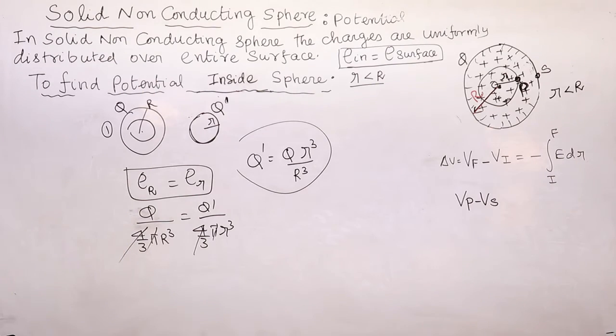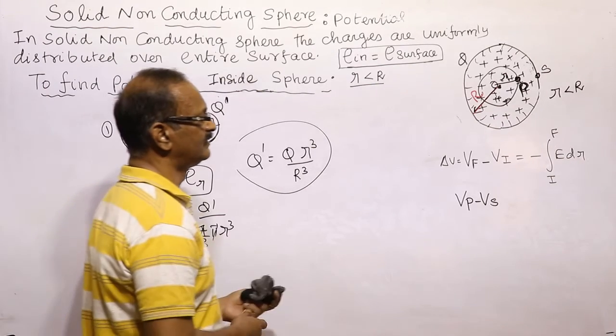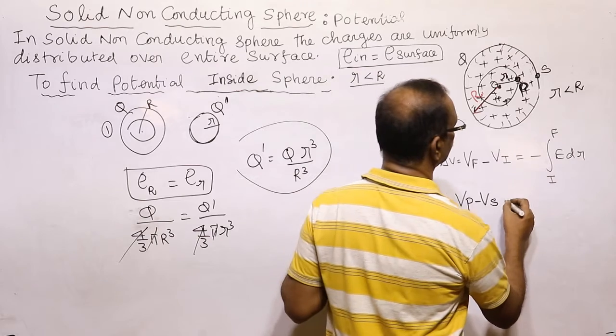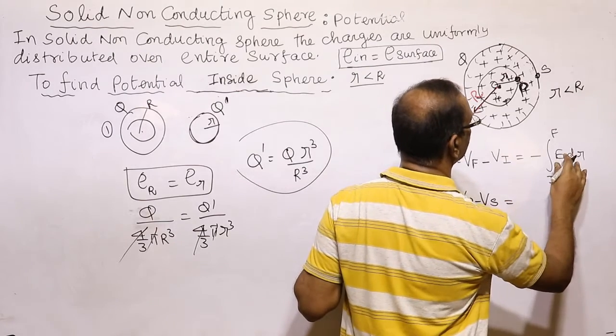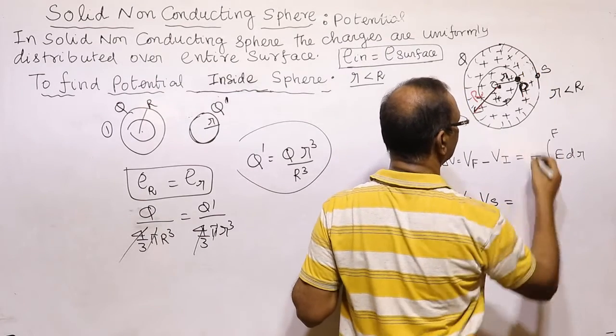So now we can find Vp minus Vs, which is equal to minus the integral of the electric field at this point. What is the electric field at this point?